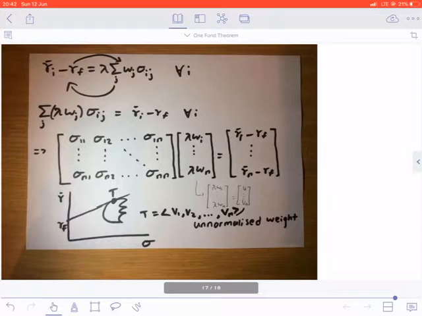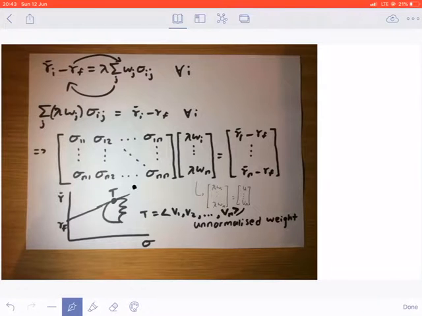So now we can try to recap. So basically what were we trying to do? We were trying to find the tangent portfolio. That portfolio, such that this line, which I'll just call line L, L1, touches the feasible set at a tangent.